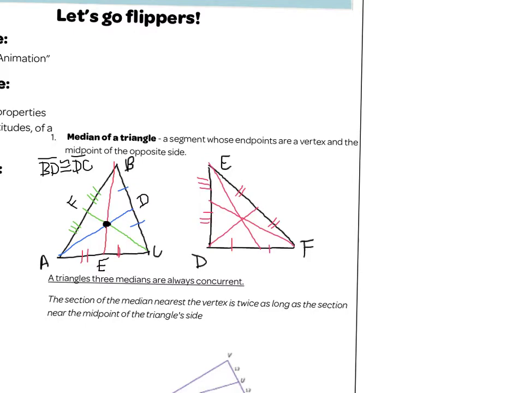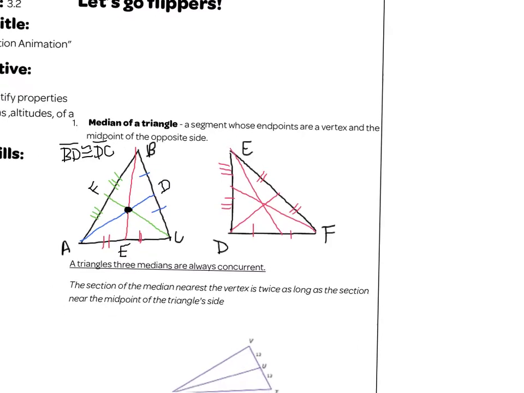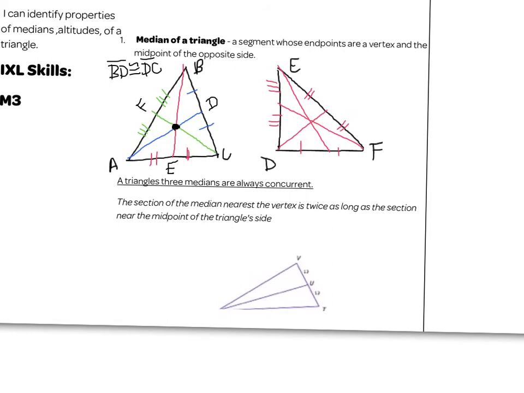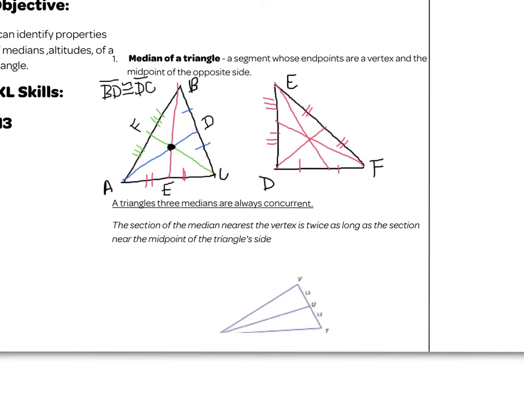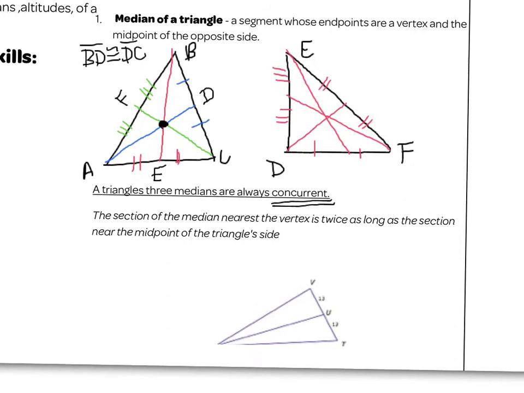It's a really good thing to understand that a triangle has three medians, and since they intersect at a point, they're always going to be concurrent. That just basically means that these three lines intersect at one point. So they're concurrent. All right, so let's talk about a special property that happens with medians.